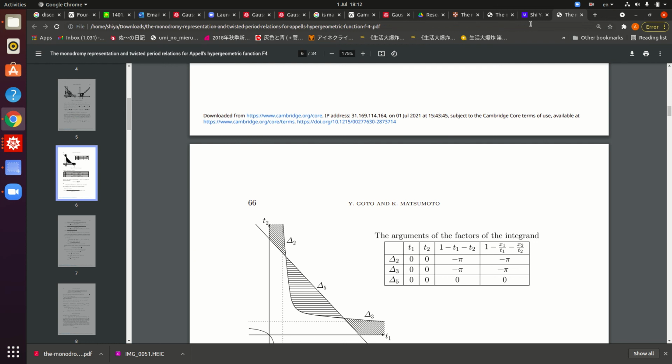Okay, so let's try to find the discontinuity of that one for x1 between 0 and 1, and for x2 between 1 and infinity.